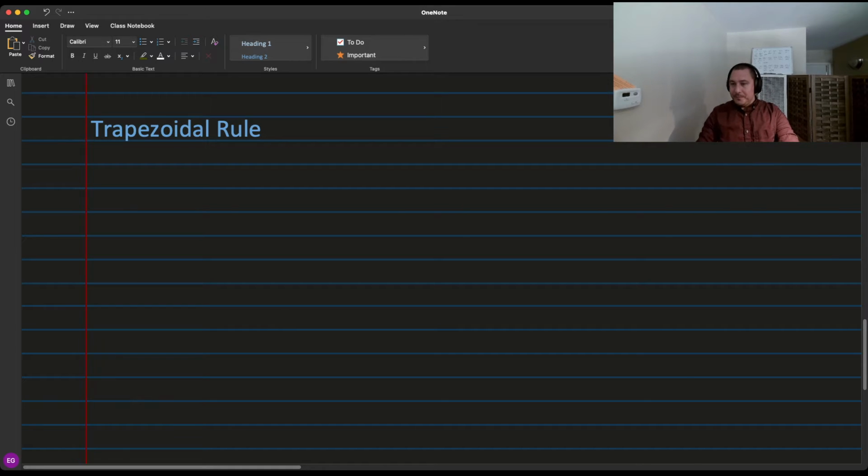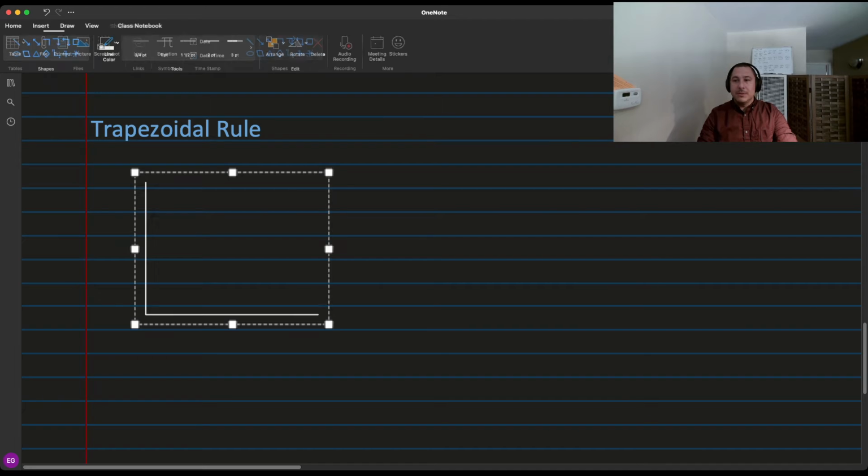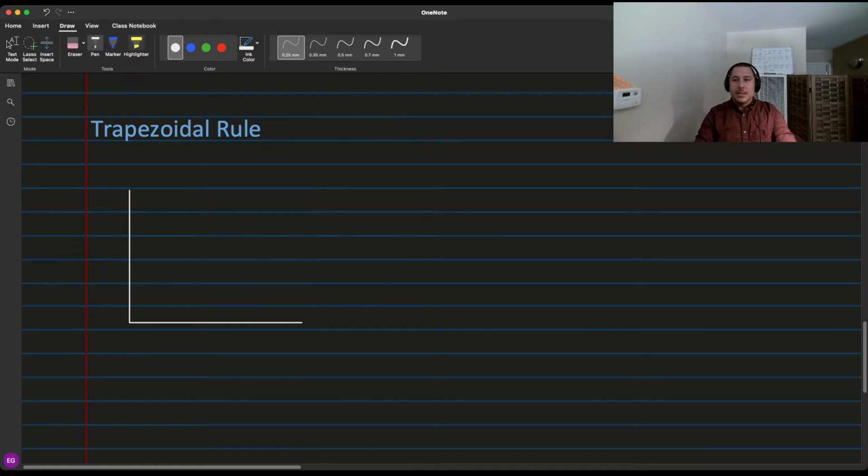Okay, so let me draw what's going on with the trapezoid rule. So you've got this function, there's your f of x, there's your a, there's your b.